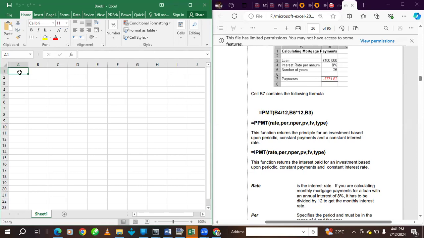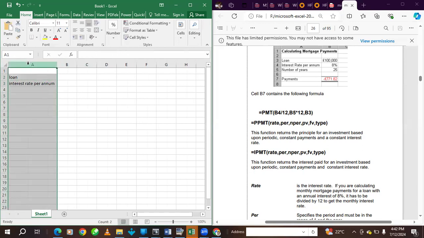So here we have loan, interest rate per annum, number of years, and then payment.